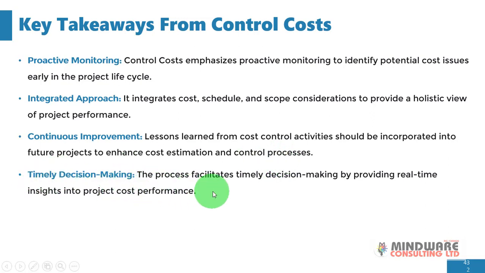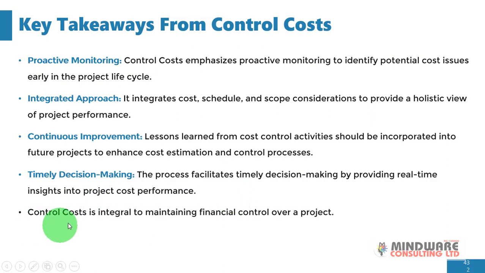Timely decision making. The process facilitates timely decision making by providing real-time insights into project cost performance. Control cost is integral to maintaining financial control over the project. So you have your grip on the finances or the funds of the project with this process now.